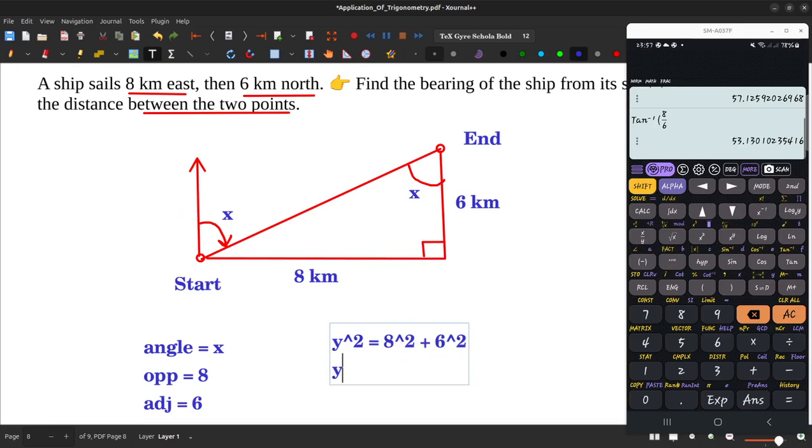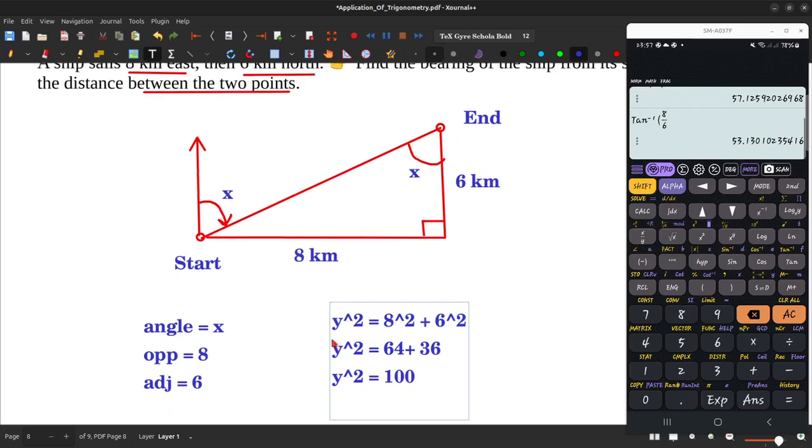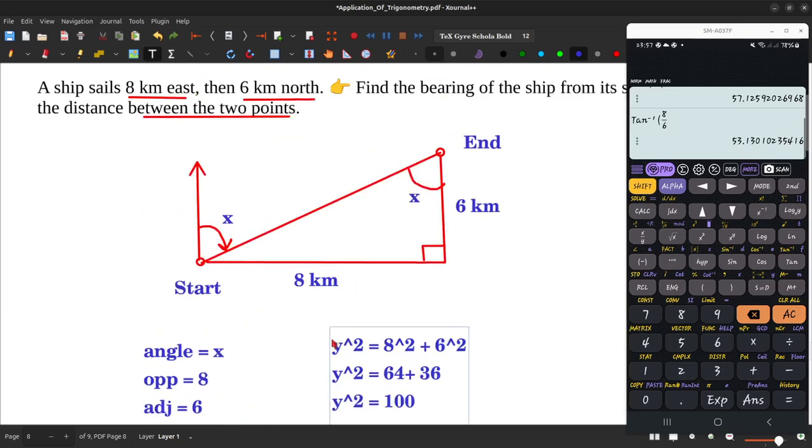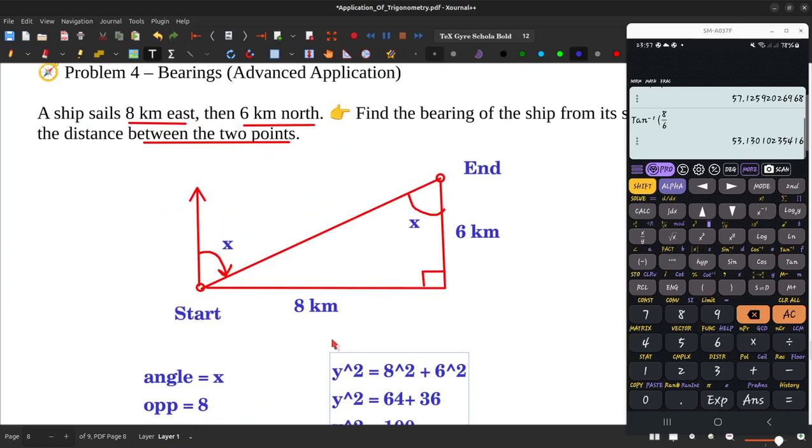Your hypotenuse squared, which is y squared, is equal to 8 squared, which is 64, plus 6 squared, which is 36. Then your y squared is equal to 64 plus 36, that's giving me 100. So you take the square root on both sides, and you get that y is 10 kilometers. And that's the distance between the 2 points.